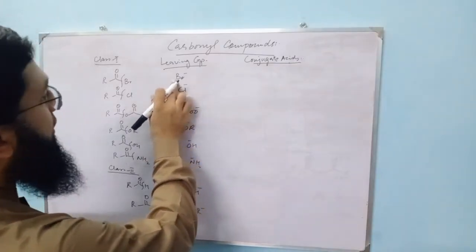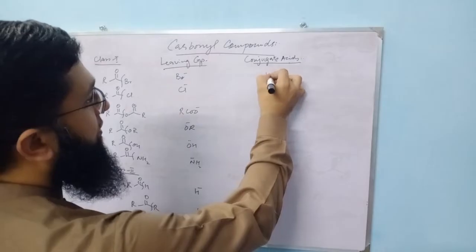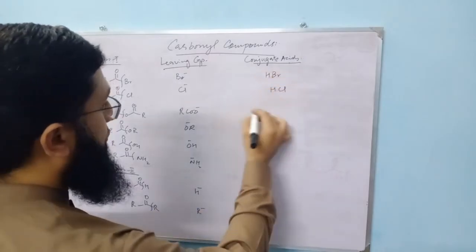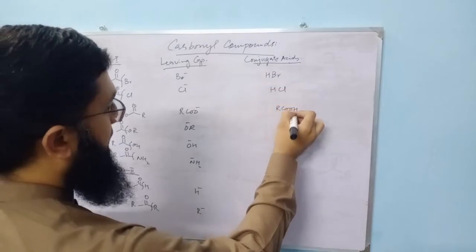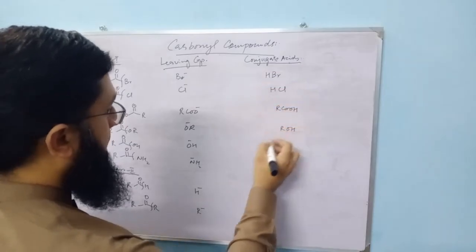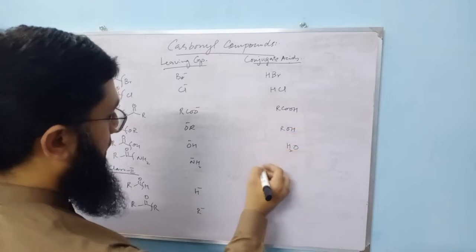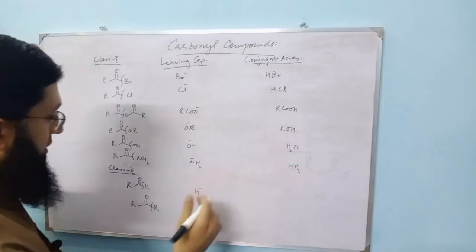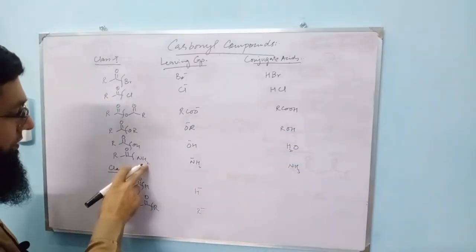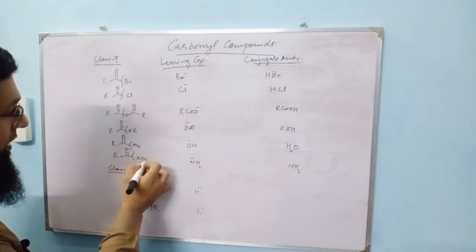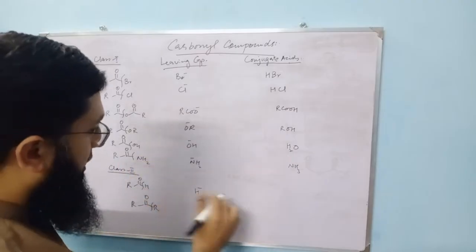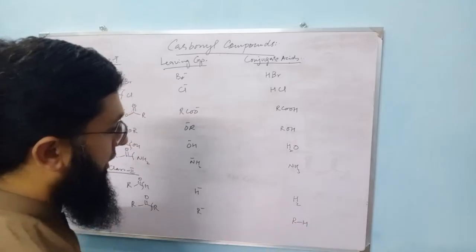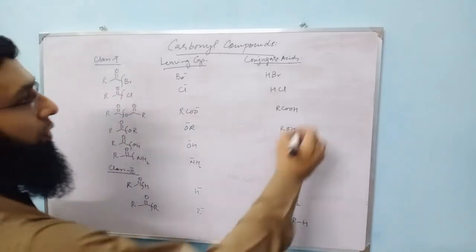So now here we have Br negative, conjugate acid would be HBr, HCl, this would be carboxylic acid, then alcohol, water, ammonia. In this case it can be other amines as well if we replace H with any R group, then hydride, hydrogen, and corresponding alkane. So now pKa values.